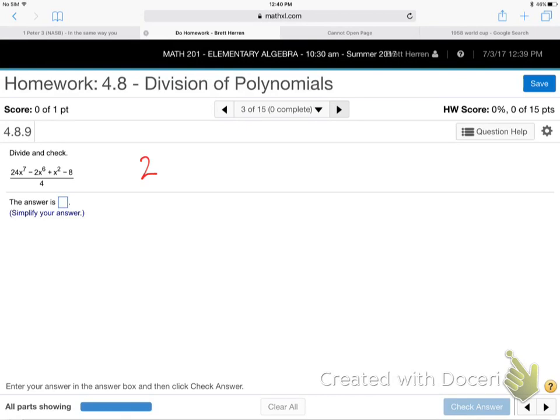So we've got 24x to the 7th minus 2x to the 6th plus x squared minus 8 over 4. So what do you do when you've got one big bar like that? You make several division problems. You just separate them into 4, just like distributing times, you distribute divide.